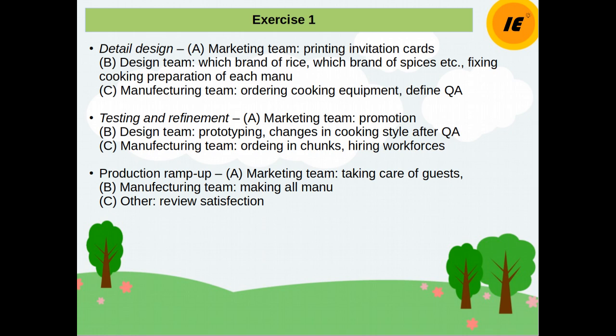Finally, the testing and refinement phase. Here basically the main task will be that the cook or the chef will prepare all the items for, let's say, 5 people who will be in the quality assurance team, and the promotion marketing team will decide, in most of the weddings in our area, you'll have certain food or certain activity for entertainment, like maybe certain juice, which we have a stall for.